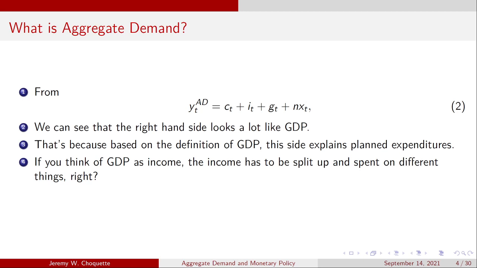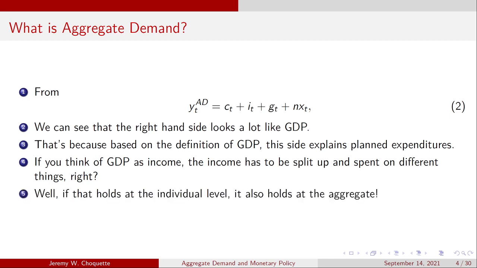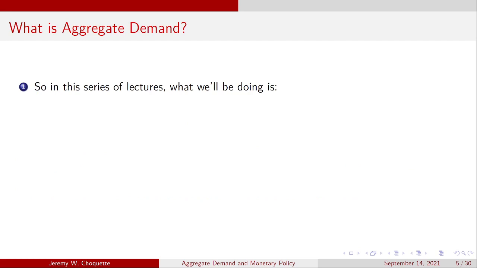Even think just at the local level, the GDP within that particular small geography is going to be split up on consumption, investment, and some kind of local government spending. Well, the more you expand outward, the more you aggregate it up, the more this actually holds. So if it holds at the individual level, it's going to also hold at the aggregate.